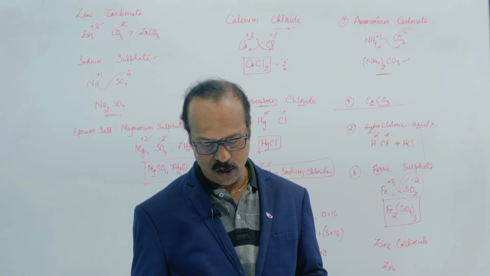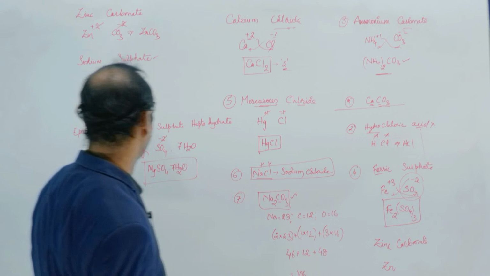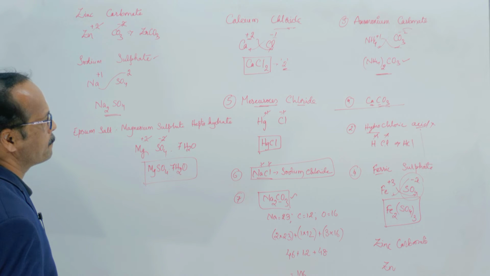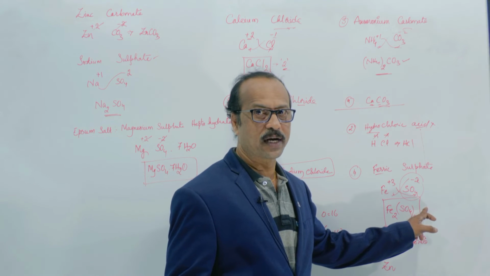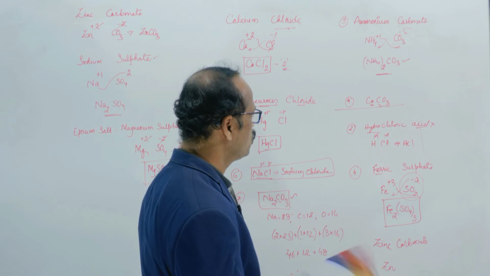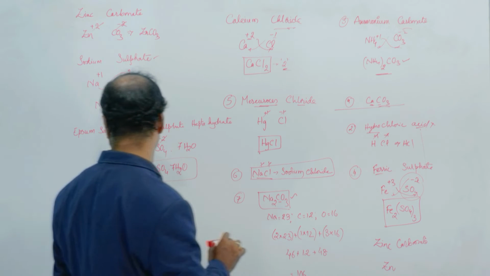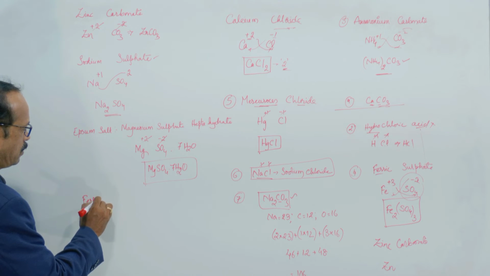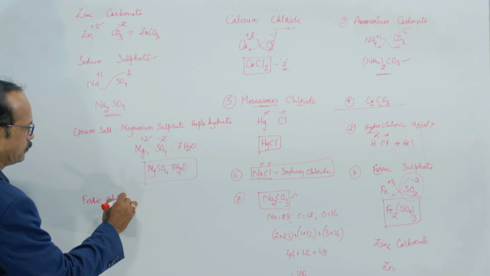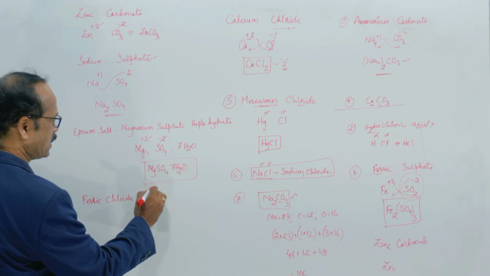Next, ferric chloride. We wrote ferric sulfate, not ferric chloride, so you can write the ferric chloride now. Ferric is Fe plus 3.